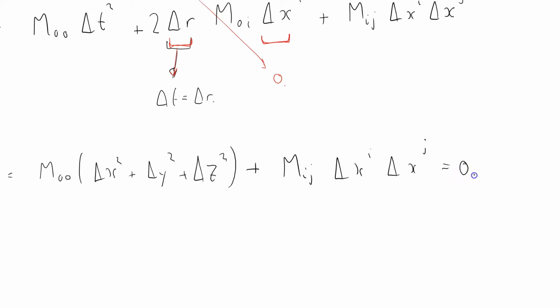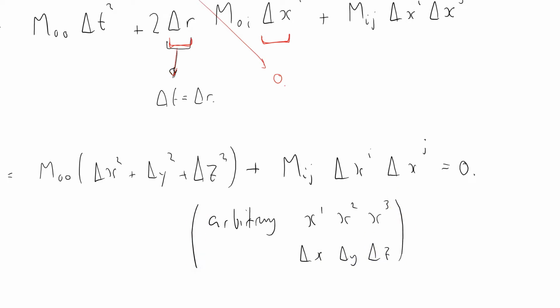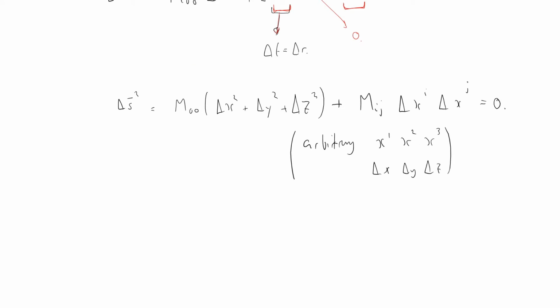And that equals 0 for arbitrary values of delta x, delta y and delta z. So it's true for arbitrary values because all I do is choose my value of time accordingly.